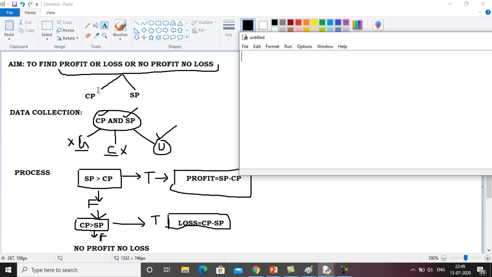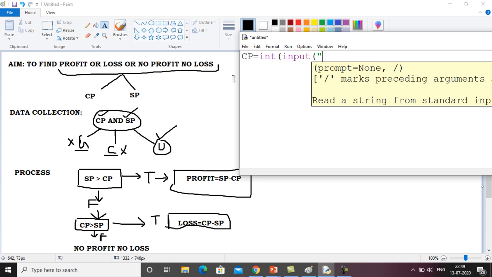According to this, we have to take the values of CP and SP, that is cost price and selling price, from the user. So let's take CP is equal to int input, and in the input we write enter the cost price.